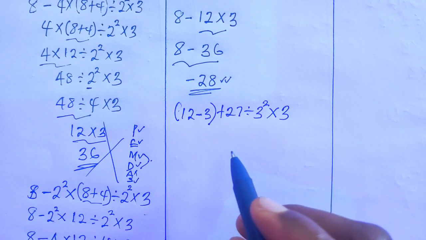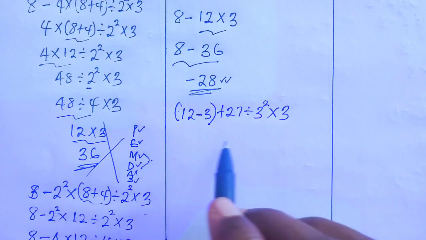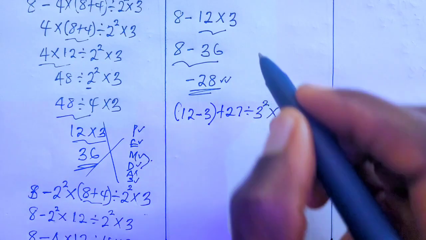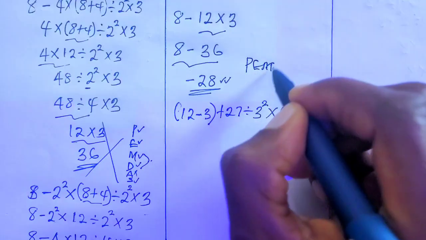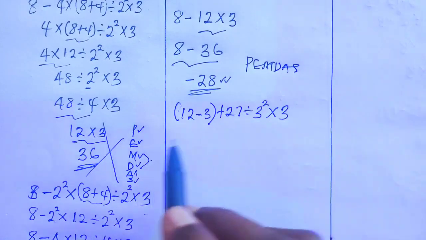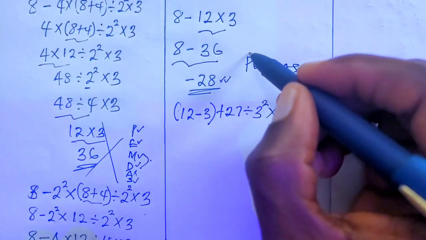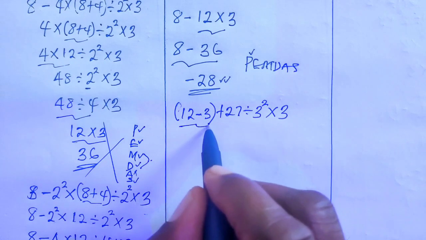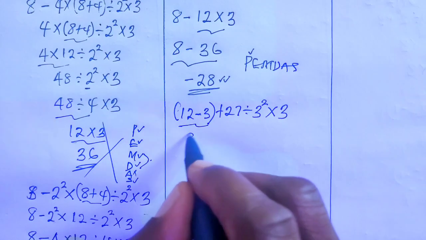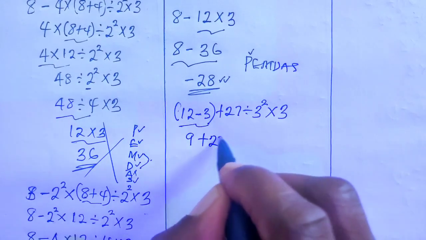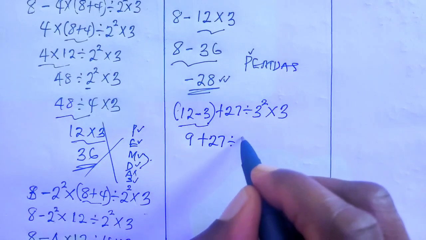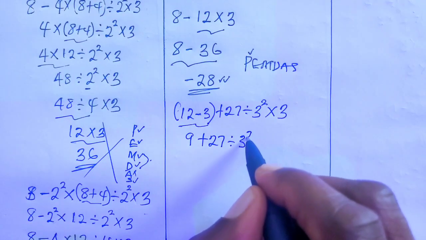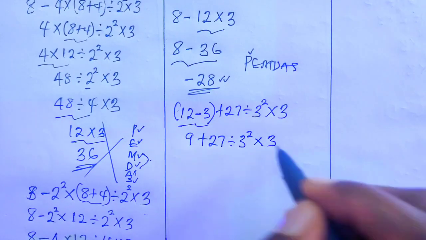Following this order of operations called PEMDAS, let me write it out here. We have PEMDAS. First, we are going to consider parentheses. Simplifying the term inside the parentheses, we have 12 minus 3, that gives us 9, plus 27 divided by 3 to the power of 2 multiplied by 3.